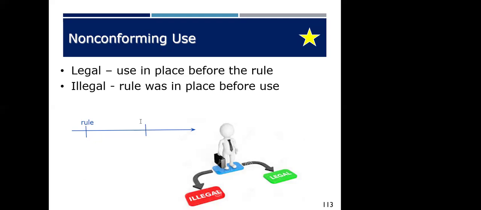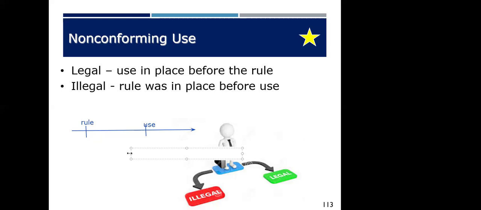An illegal non-conforming use means the rule was there. Maybe you knew it, maybe you didn't, but you went and changed the use. The rule was in place. They said residential only, but you went and converted your garage into a hair salon. Now that you have that non-conforming use, that would be an illegal non-conforming use. Another example may be opening a home daycare.